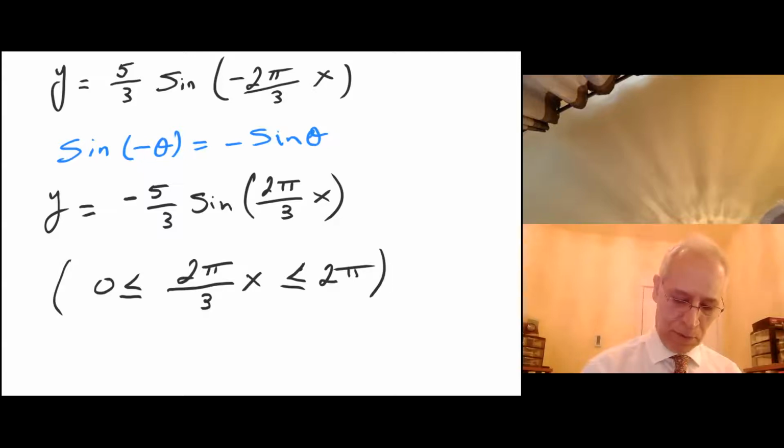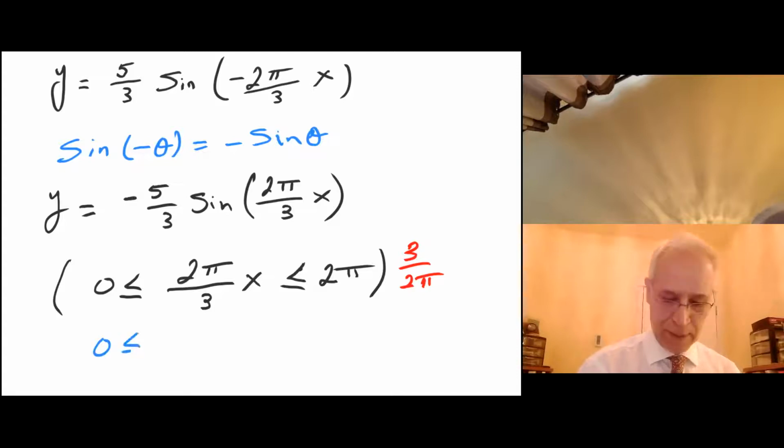I'm going to multiply all three sides of this inequality by 3 over 2 pi. What I'm going to get on the left-hand side is just 0, 0 times anything. In the middle, the 3's cancel, 2 pi's cancel, so I'm left with x.